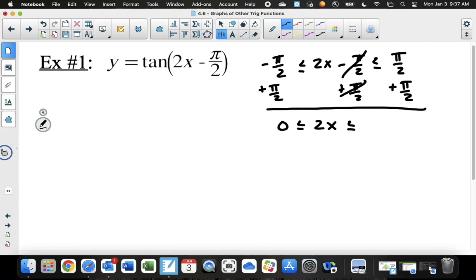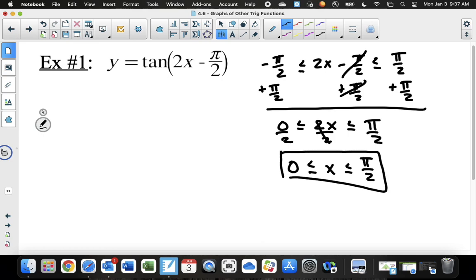You get 2 pi over 2, which simplifies to pi. Now if we finish this off and solve for x, we divide everything by 2, which means the asymptotes for this graph are at 0 divided by 2, so one of them is at 0, and the next one, in the positive direction, is at pi over 2. This tells you where 2 consecutive asymptotes are located.